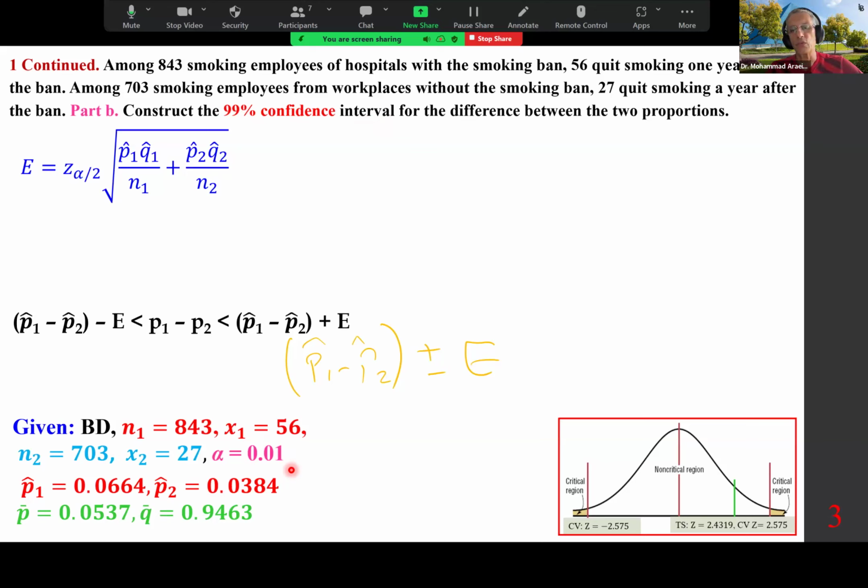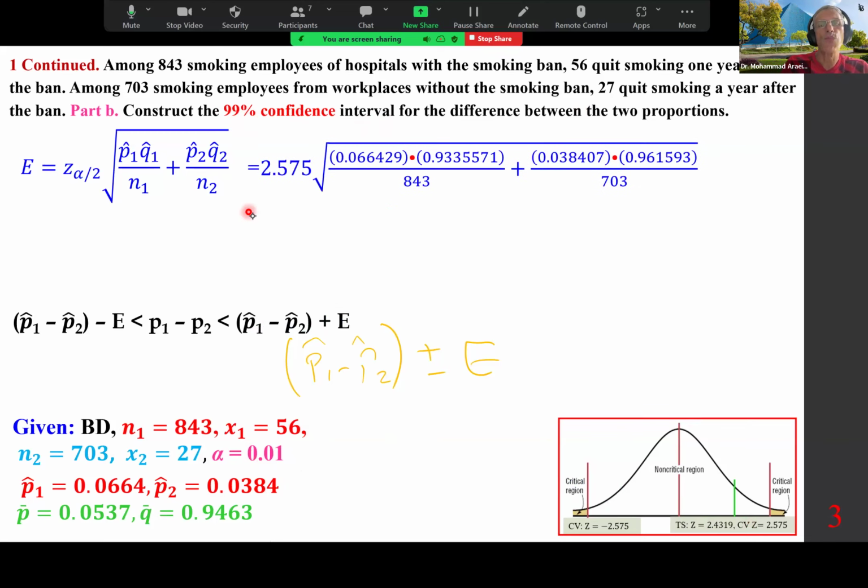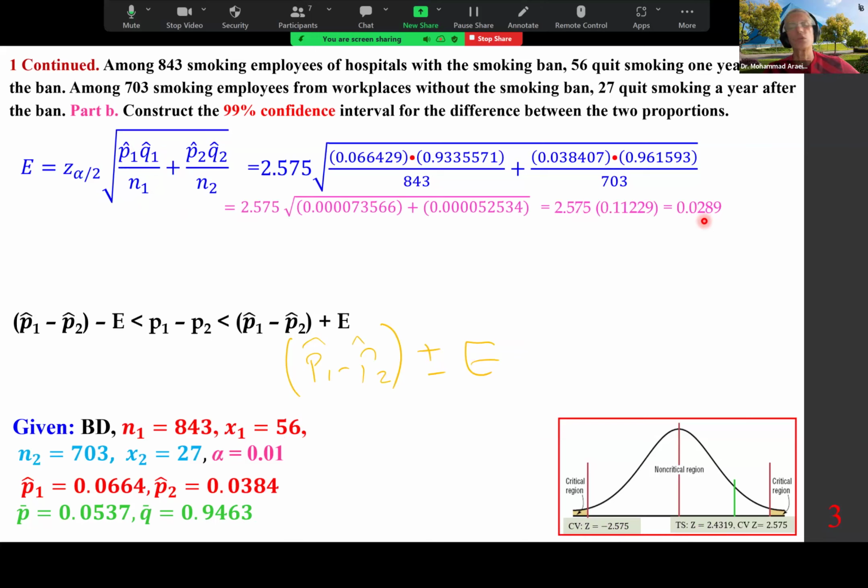And therefore, you use the same z-score. By any chance, if alpha was 0.01 and this was somehow a one-tailed test, this should have been 98% to correspond to each other. So we use the same thing. So let's plug in the values. We have the z-score, P1 hat, Q1 hat, N1, N2, and it results in 0.0289.